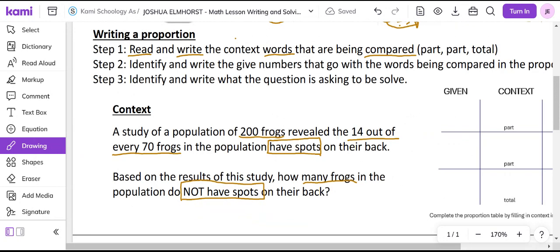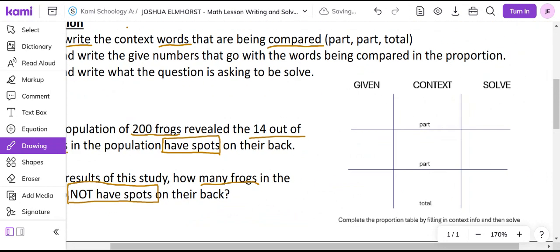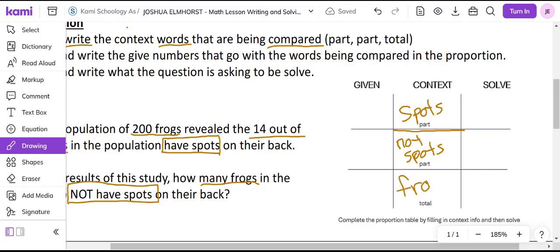So we go into the context, and we have spots as our given ratio or given comparison for the context, spots and not spots. So those are the two things there, and both of them are frogs. All of them together are frogs.